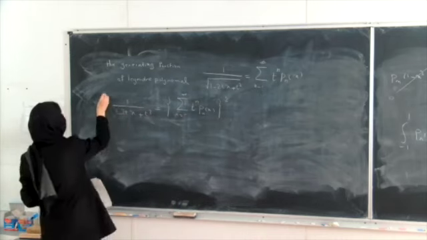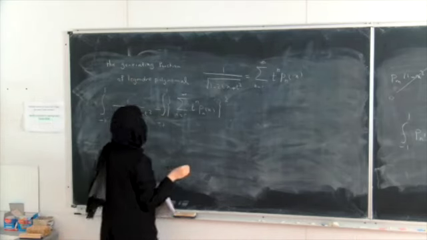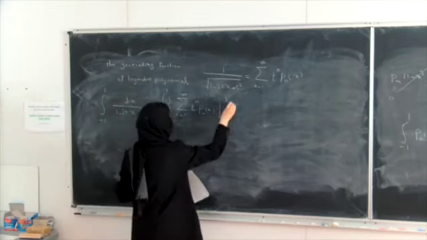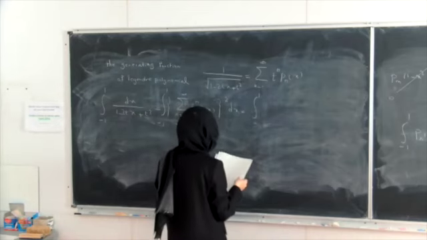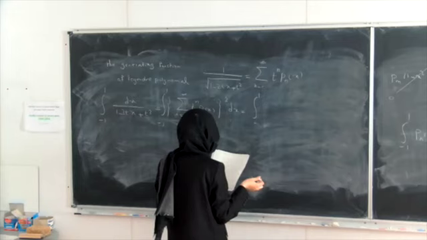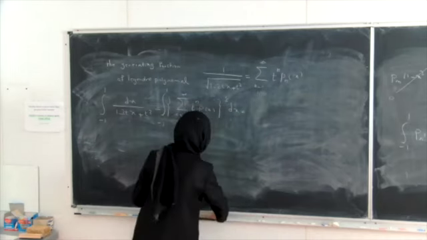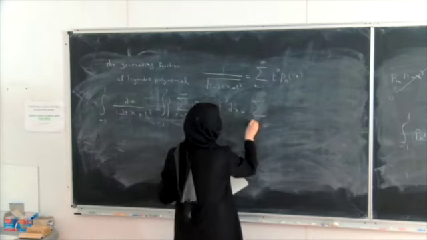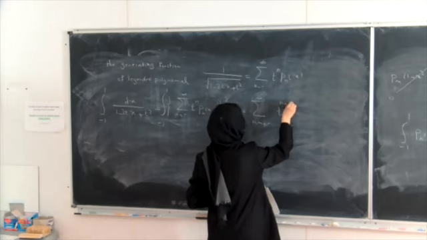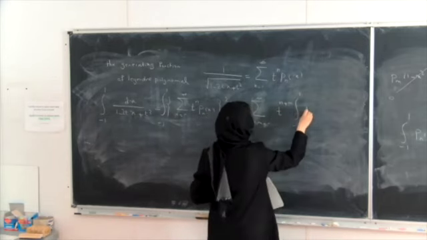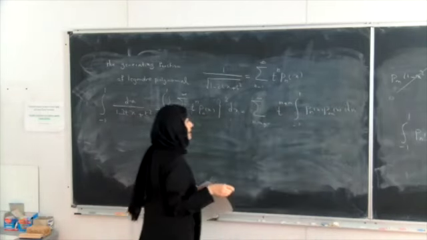Also, by integration from minus 1 to 1 on both sides of the equation, we have this, and the sum from 0 to infinity of t^(n+m) times the integral of Pn(x) Pm(x) dx.